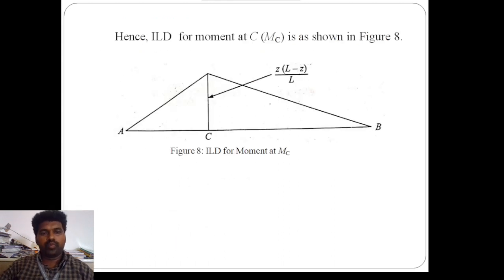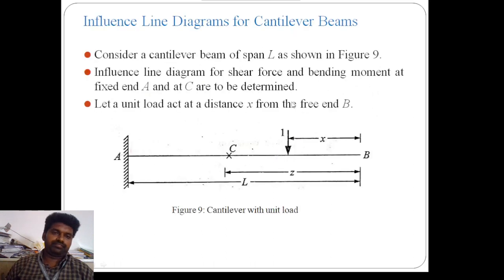Hence the ILD for moment at C, MC, is shown in the figure. Here the peak is Z into L minus Z by L, where L is the distance A to B, and Z is A to C. The diagram will look like this.